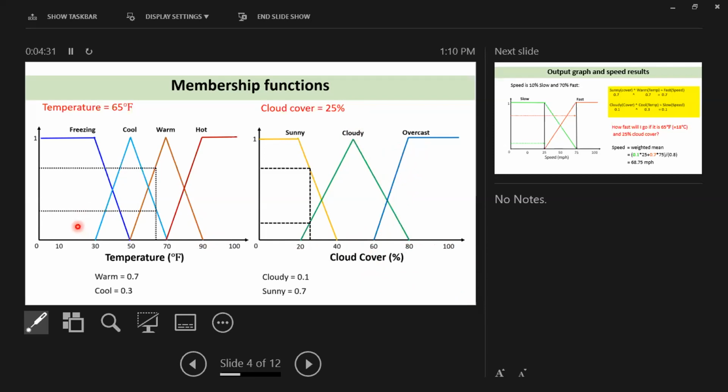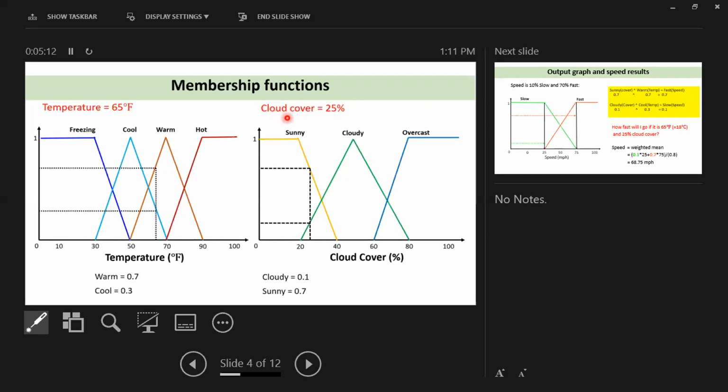From the question, it is given 65 Fahrenheit, so we can find 65 Fahrenheit on the x-axis. When we locate it, we draw a line up. This vertical line touches cool and warm. For cool, it touches at approximately 0.3, and for warm, at approximately 0.7.